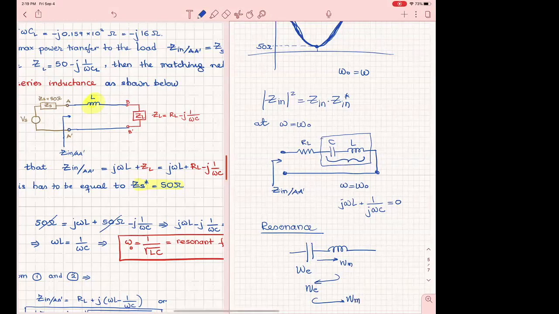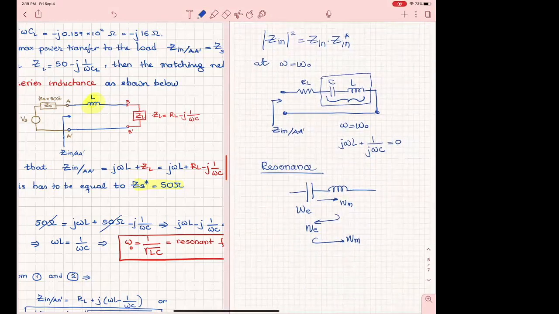So practically there is a continuous exchange between electric and magnetic energy between the capacitor and the inductor.